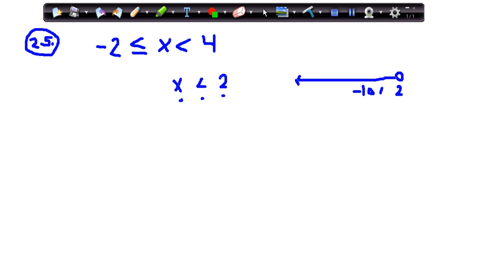Okay, now let's look at the next one. X is greater than what? -3. Whatever x is represented by is greater than -3. Well, let's look at the line graph.